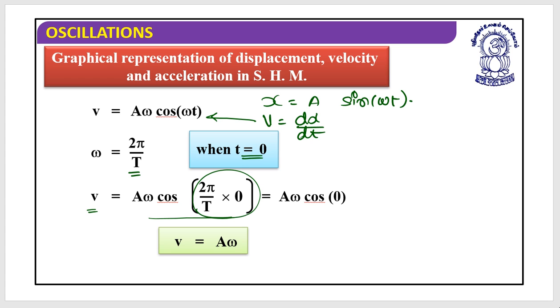This is cos 0 degrees, so v is equal to a omega.